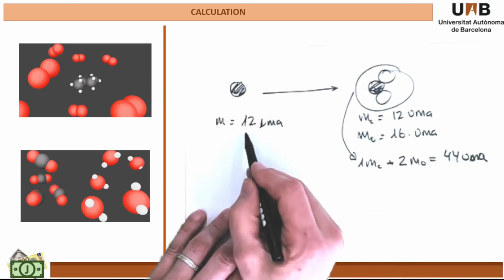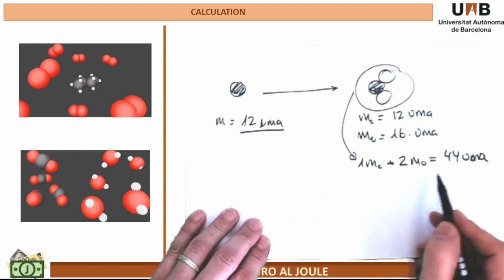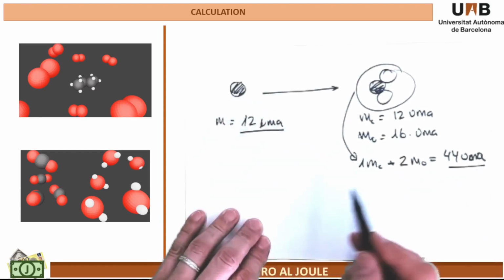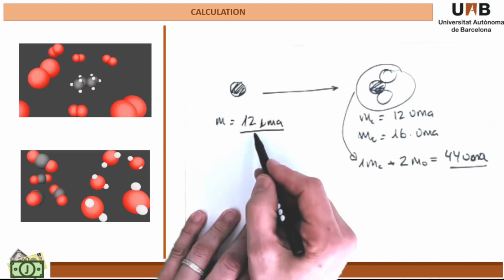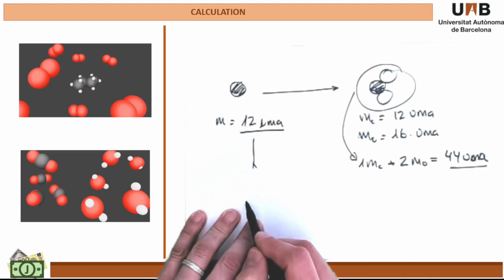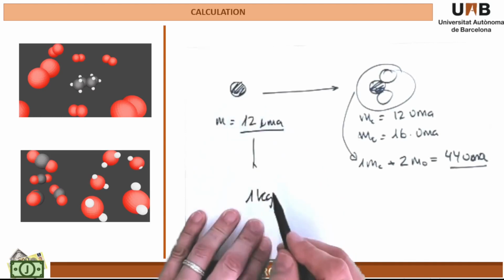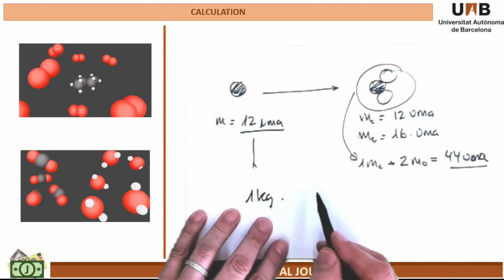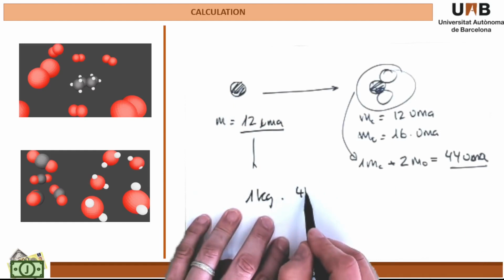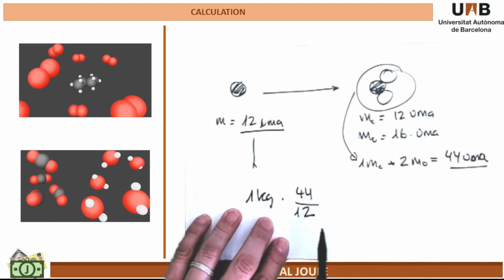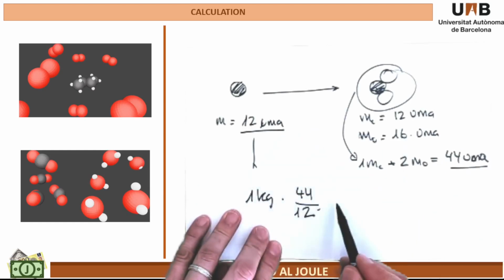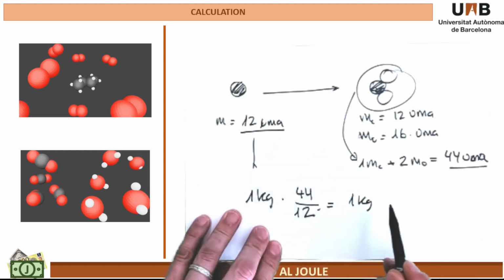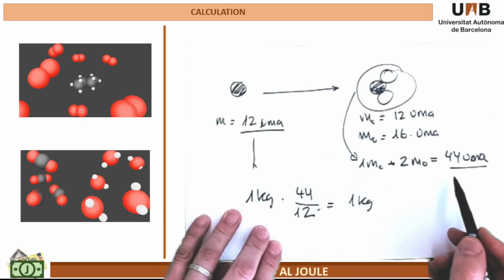This means that for each carbon that is generating a molecule of carbon dioxide, for each atom in 1 kilogram of gasoline, for example, we are going to generate 44 divided by 12, because this is the increase in the mass that we are obtaining.